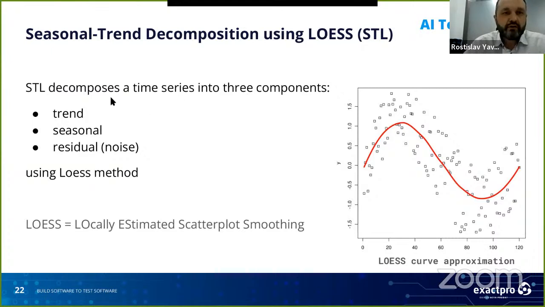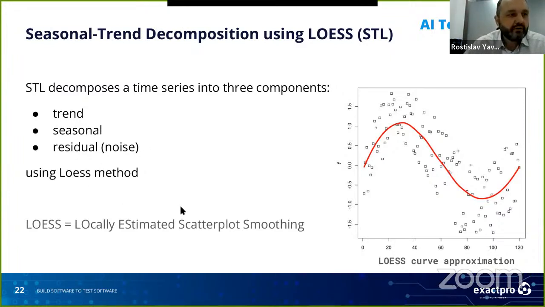The idea is that your algorithm decomposes a time series into 3 components. The first one is called trend. It is red on this picture. The second one is called seasonal, and the remaining part is called noise.